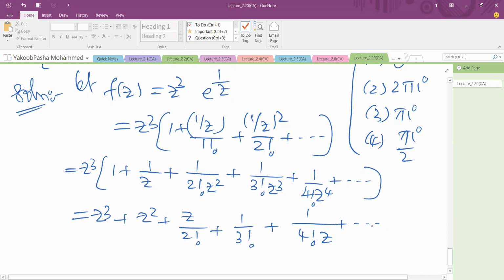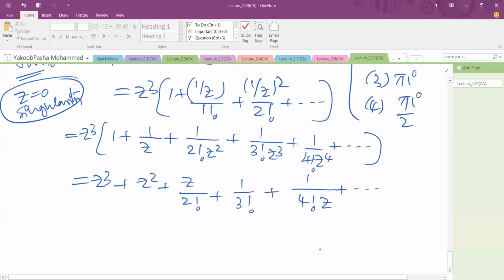So we have to find the residue of the function at z is equal to 0, because 1 by z square is not defined at z is equal to 0, so it is a singularity. At this singularity, we have to calculate the residue.